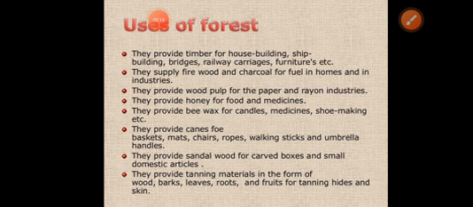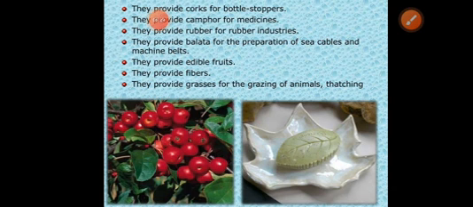They provide herbal spices like nutmeg, cinnamon, and clove, which help in curing human diseases. Certain chemicals used in dyeing industries are obtained from the barks of some trees. They also provide gum, natural rubber, etc.